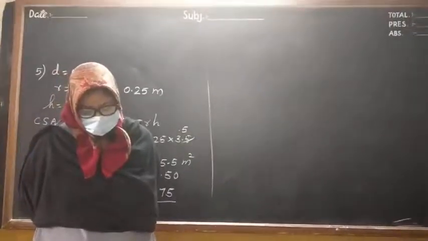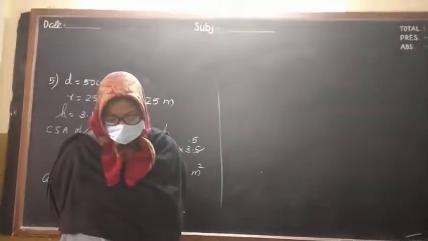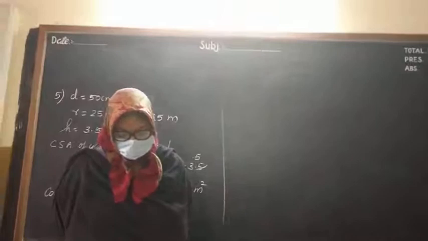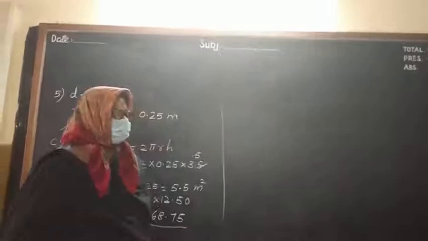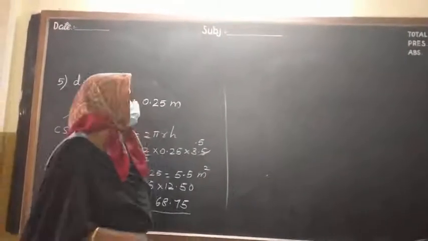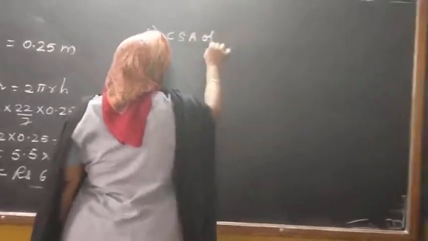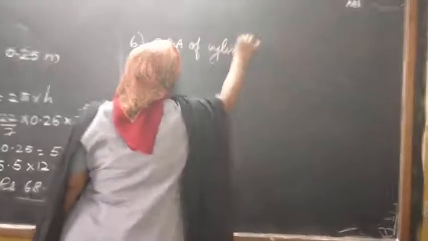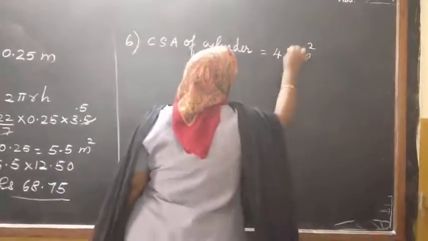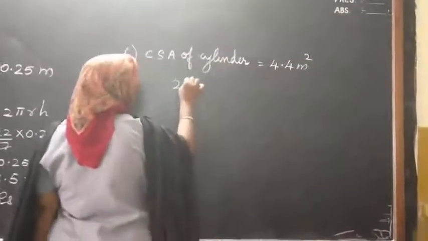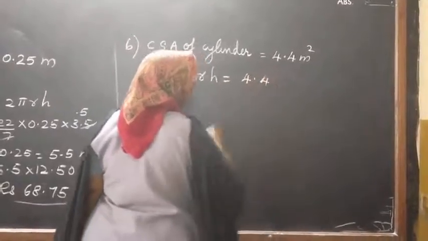The curved surface area of a right circular cylinder is 4.4 meters square. If the radius of the base of the cylinder is 0.7 meter, you are asked to find out its height. So the curved surface area of the cylinder is equal to 4.4 meter square. We know that the curved surface area is equal to 2 pi RH, that is equal to 4.4.